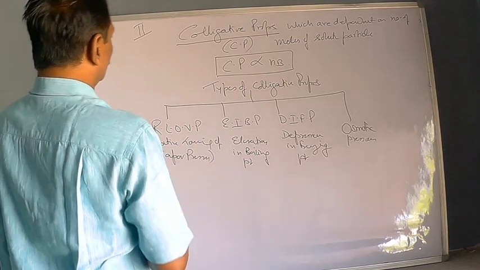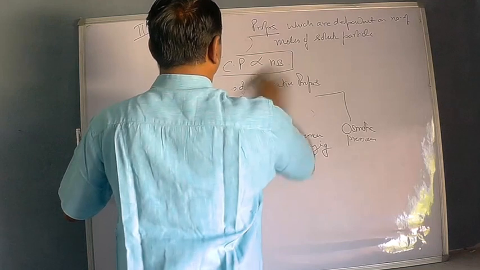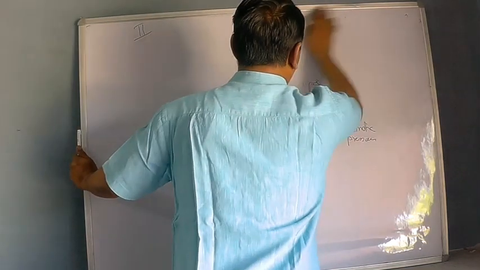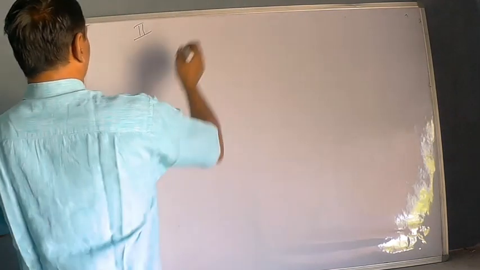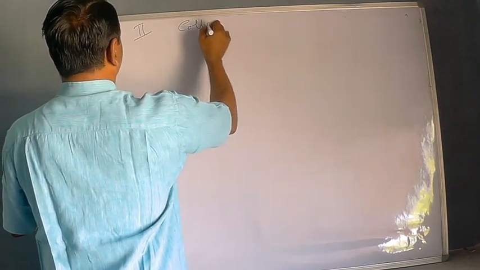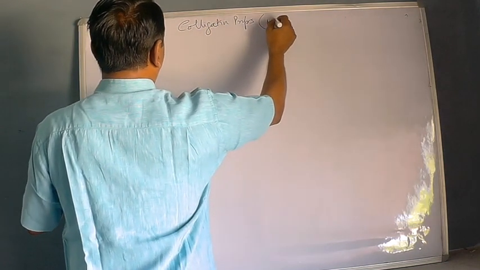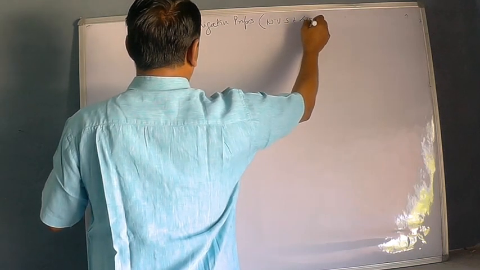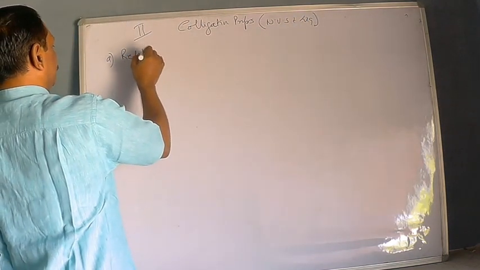Now I am going to rub the board. So today's topic is colligative properties. What was it? NVS plus liquid, and we are going to work on relative lowering of vapor pressure.